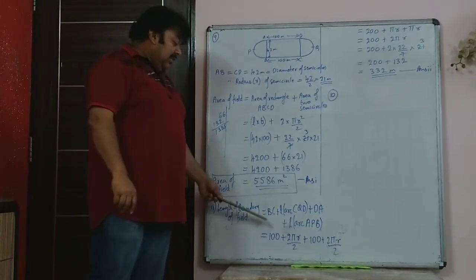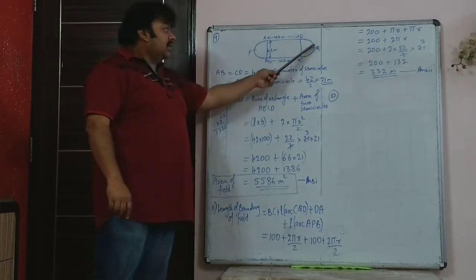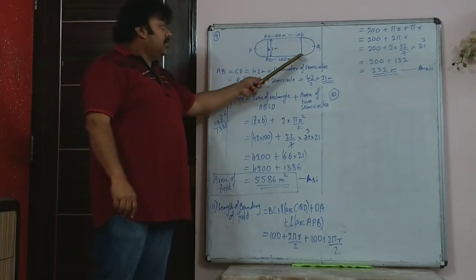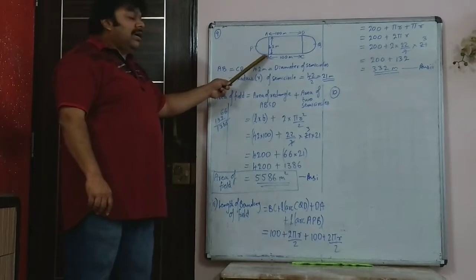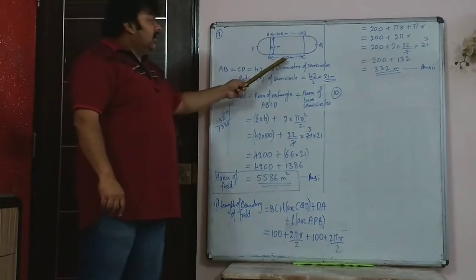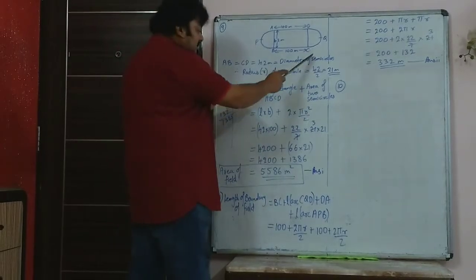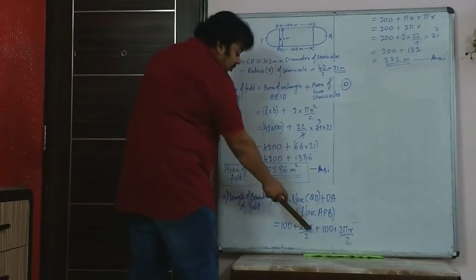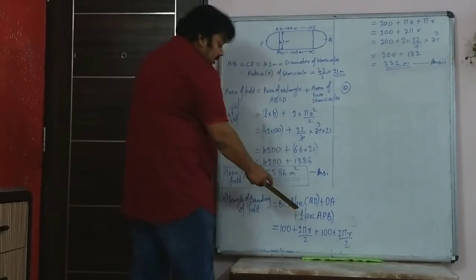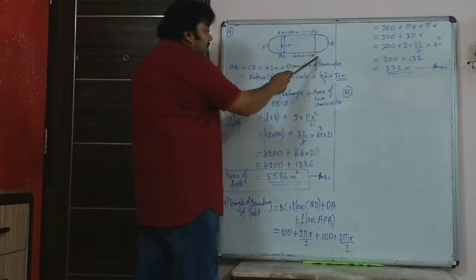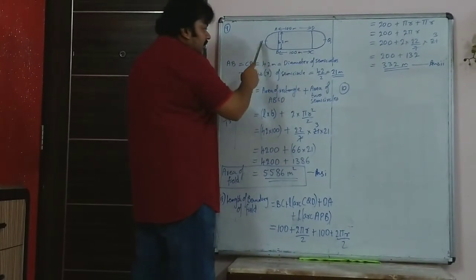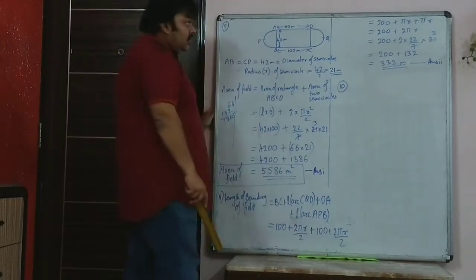Length of this arc is 2 pi r upon 2. This is also 2 pi r upon 2. And this is 100, this is 100. So BC is 100. This is 2 pi r upon 2. Then again AD is 100. And this again is 2 pi r upon 2.